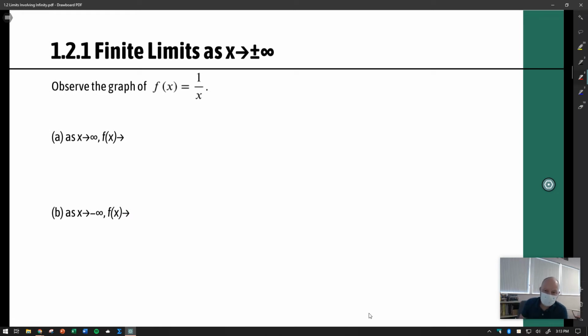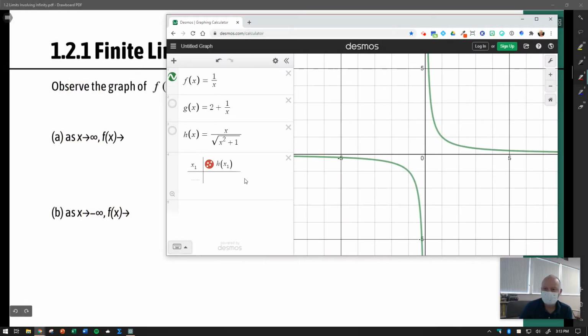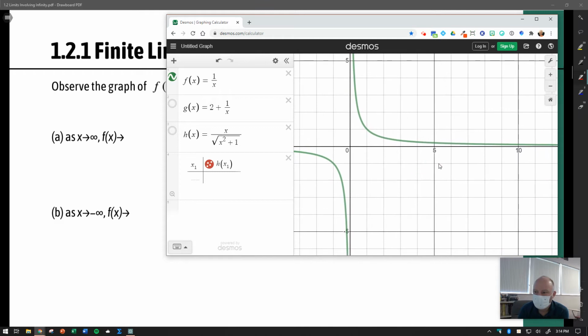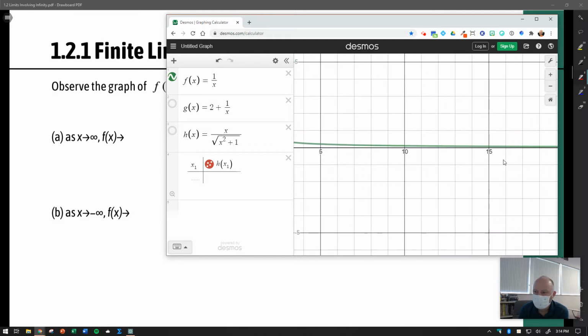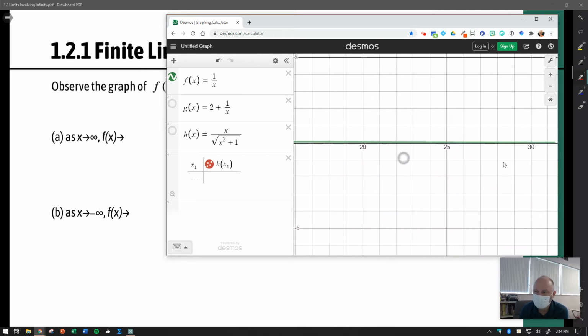So let's take a look at the graph of f of x equals 1 over x. What happens as x grows large? What happens as x grows very large but negative? So over to Desmos. I have up the graph of 1 over x. As x gets very large, what do we see happening to the value of the function?